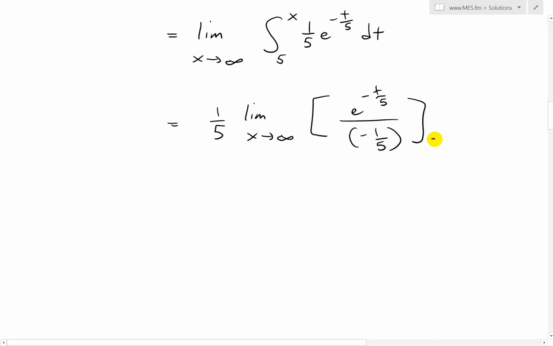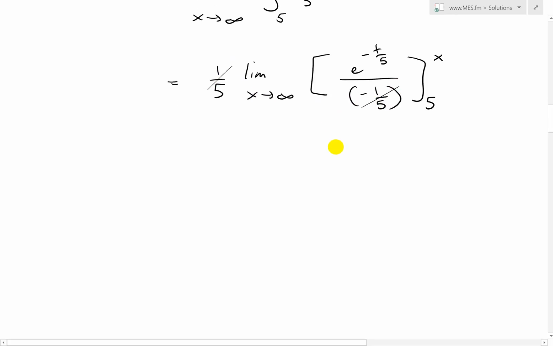This is going to be evaluated from 5 to x, and like before, 1/5 divided by 1/5 cancels out, but we have a negative sign, and again we could take this out of this bracket and out of this limit because it's a constant, it doesn't change anything. So this cancels, and take the negative sign out just to make it easier.